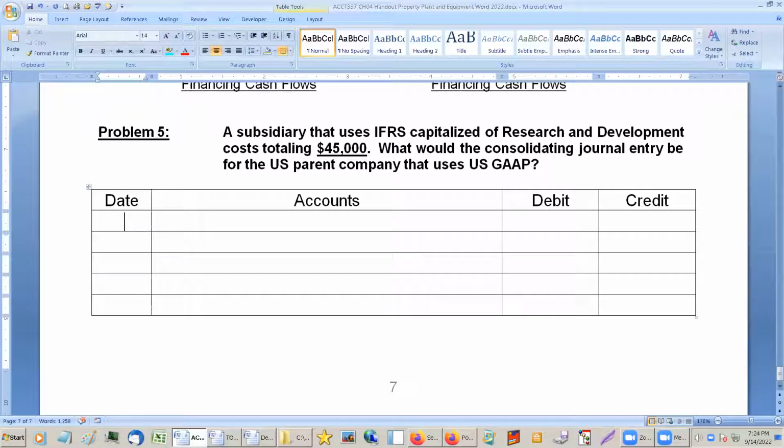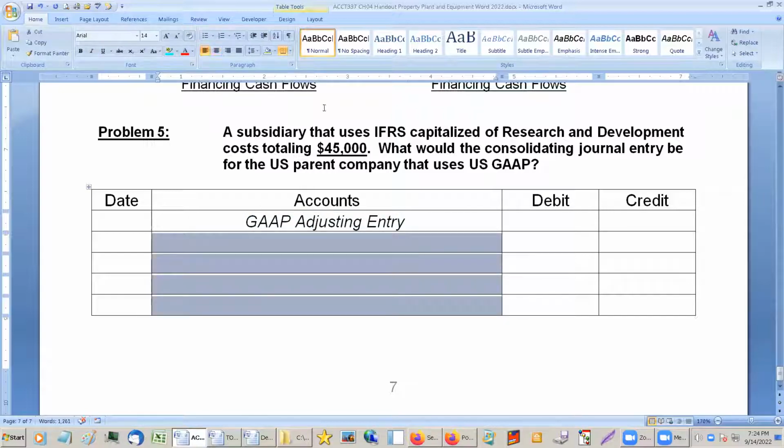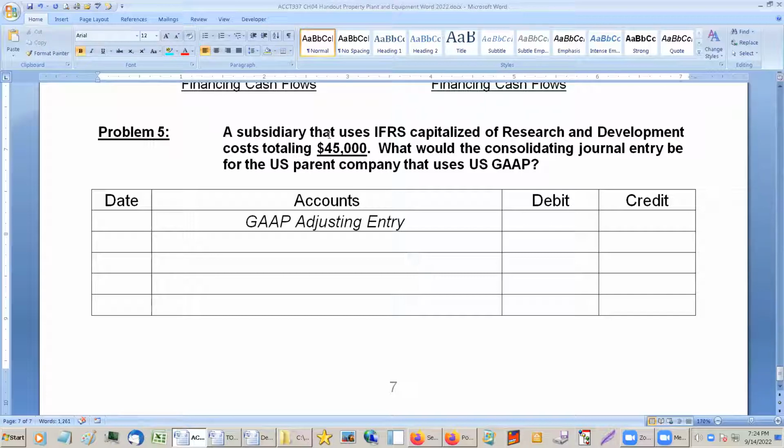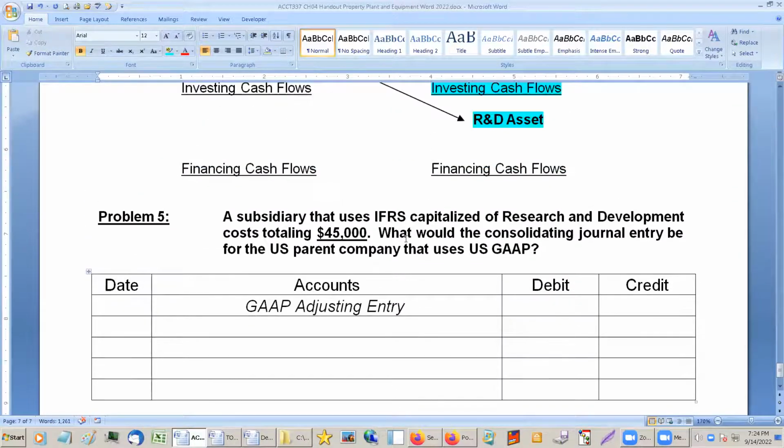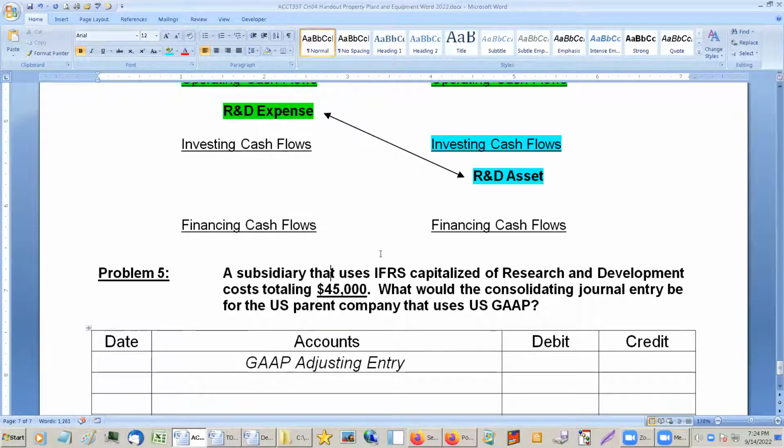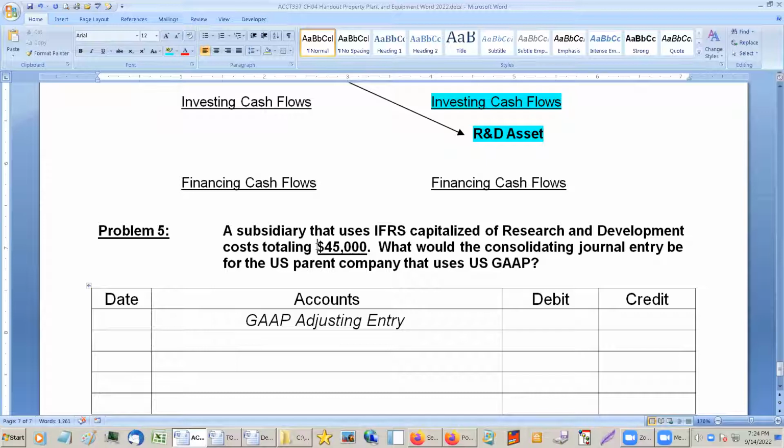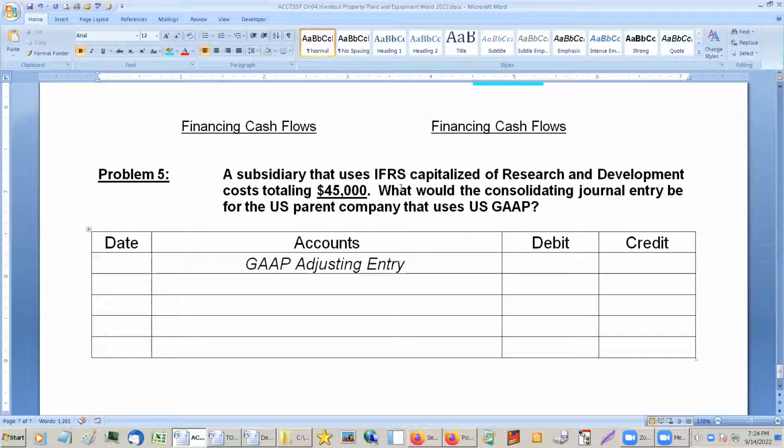Well, they capitalize this 45,000. And we would expense it using GAAP.